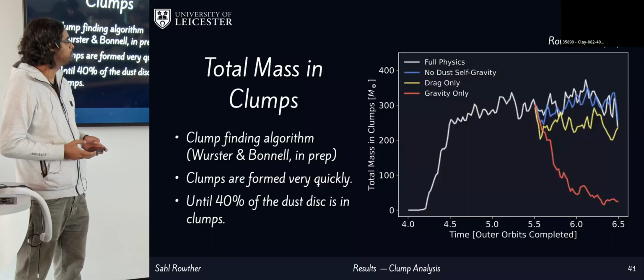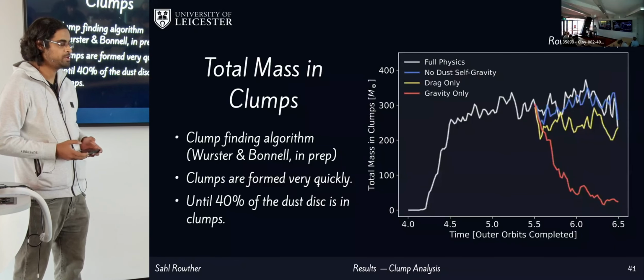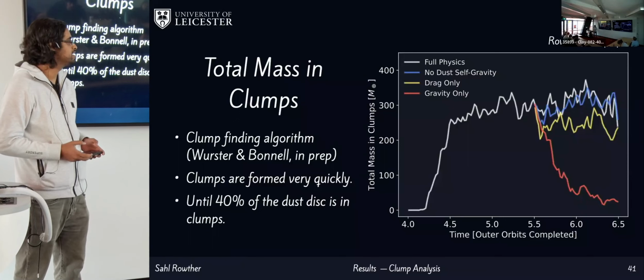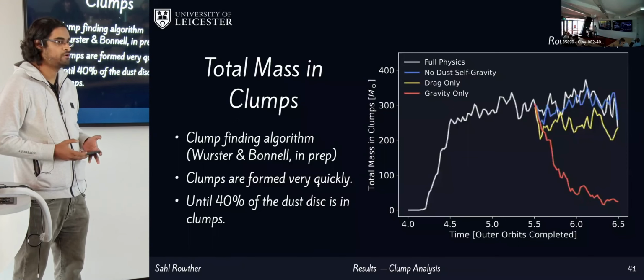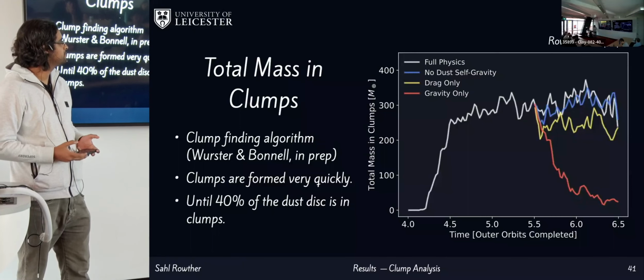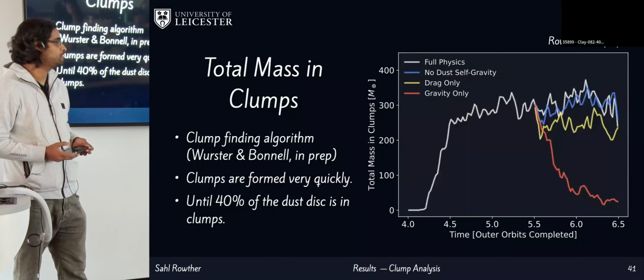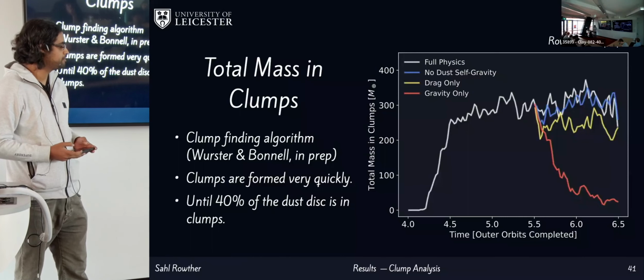But for now, moving on to when we turn off drag, we can once again highlight the importance of drag on dust trapping in spirals and clumping, as it shows that in the absence of drag, the clumps fall apart almost as fast as they are formed.